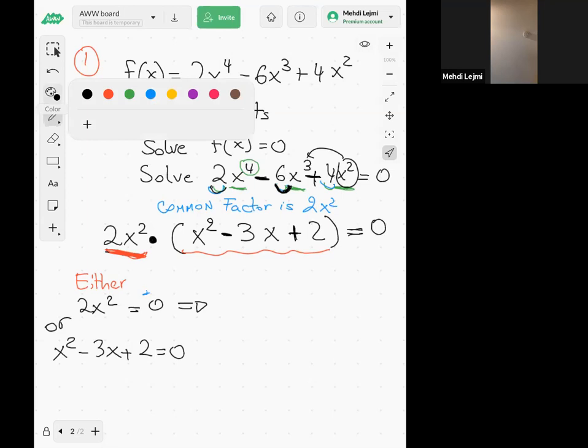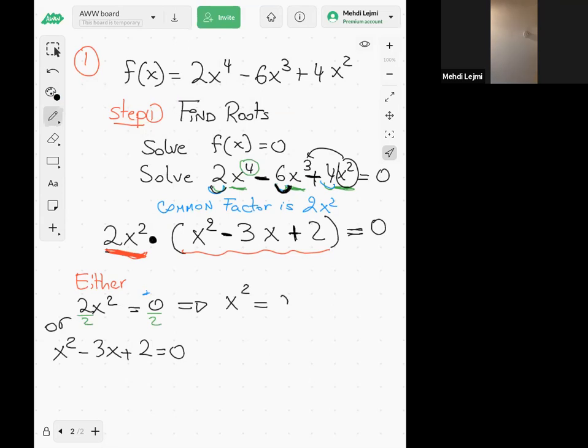You can divide by 2, both sides by 2. And 0 over 2 is still 0. 0 over any non-zero number is 0. So my x squared is just 0. And then, of course, you can apply the square root, and my x would be the square root of 0, which is 0. So I got my first solution, which is just 0.